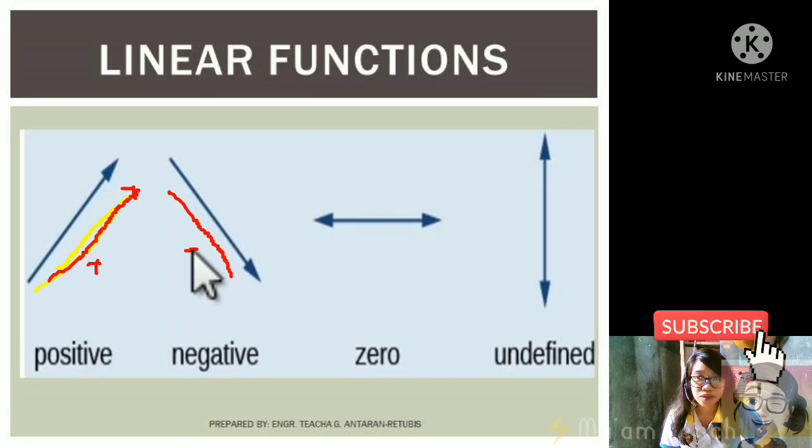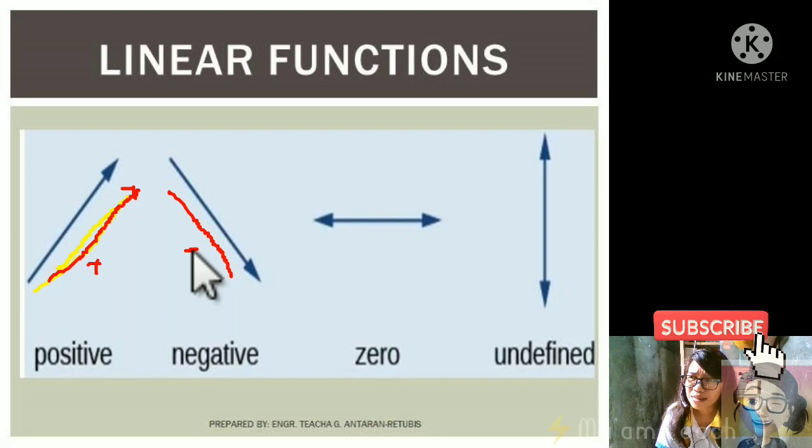So when you solve and your m is negative, expect that the graph of it is inclined to the left. But if the slope is 0, that means the graph is horizontal. But if it is undefined, it is vertical.